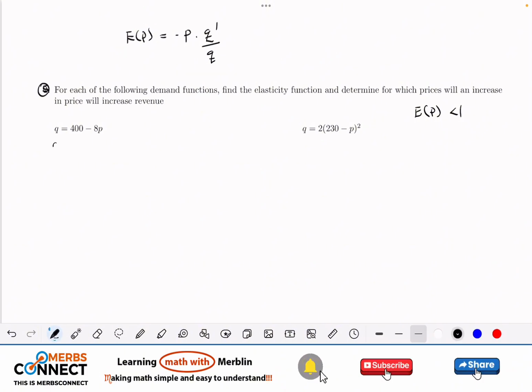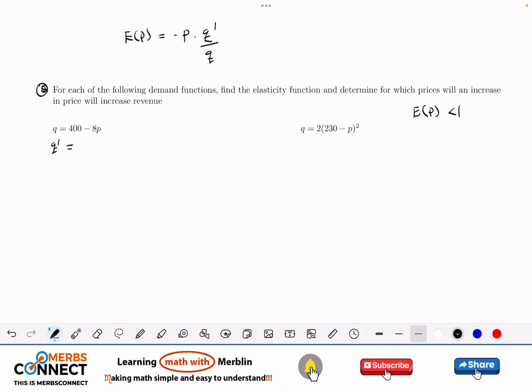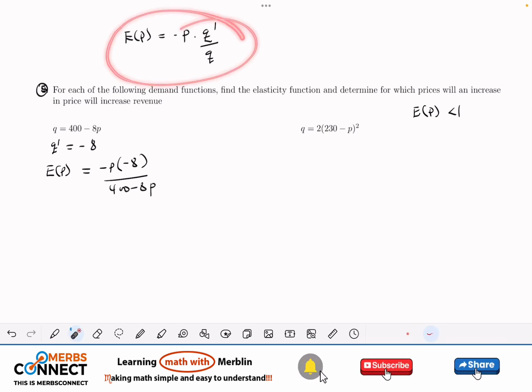So this one I need Q prime, which is going to be minus 8. So when I differentiate this, I get minus 8. So E of P will be equal to minus P times minus 8 divided by 400 minus 8P. So this one is very simple. Just know the formula, differentiate, and just do substitution.